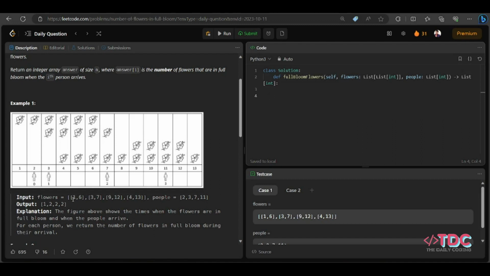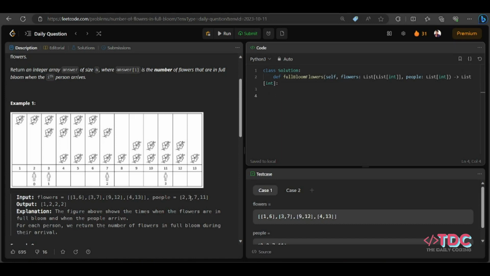Now I'll check, is 2 between 3 and 7? No, 3 is greater than 2, and the same for 9 and also for 4. They all bloom after time 2, so we can't consider them, right? So my answer for the zero-index person is 1. Now for the second person, he comes at time 3, right?